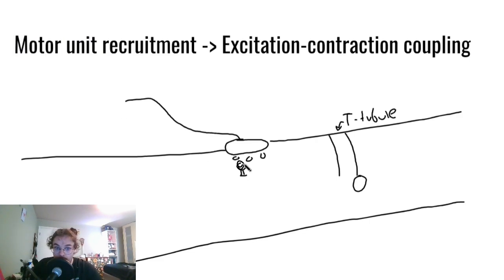Once enough acetylcholine binds to these acetylcholine receptors on the sarcolemma, that's going to generate an action potential, which is an all or nothing thing.